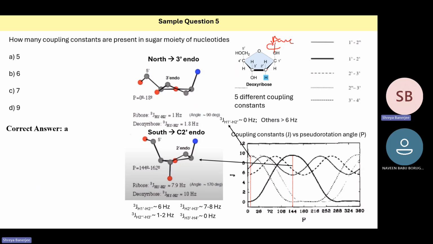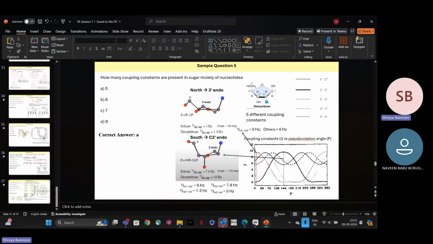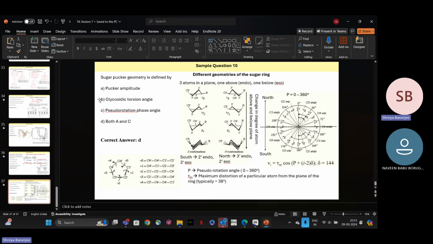So it has nothing to do with the sugar geometry. It is basically the relative orientation of the base with the sugar ring. That is why the glycosidic torsion angle has nothing to do with the sugar geometry itself. So that is why this option B is not considered. So your correct answer is D, that is both A and C.